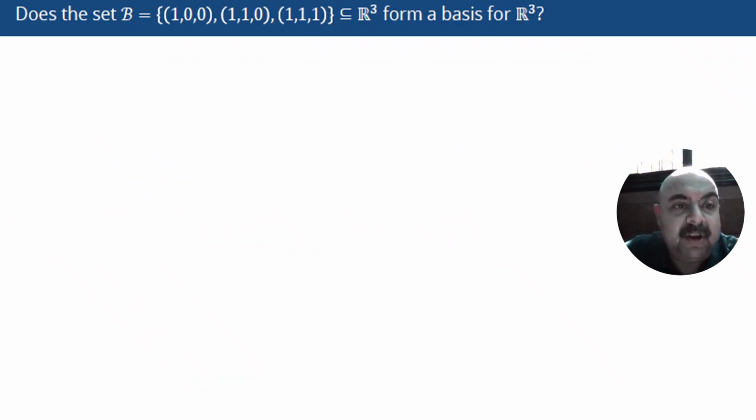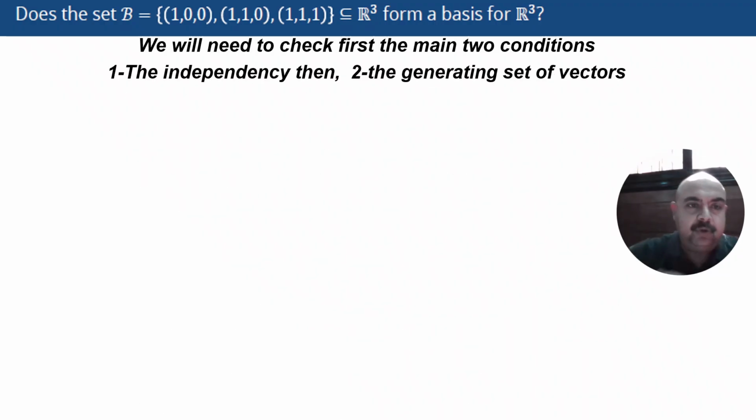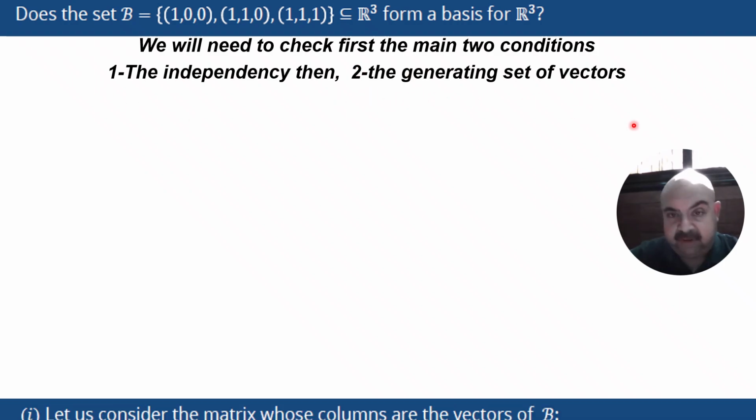In a similar manner, let's do the same with this set, but those are vectors in R3. I want to check if they form a basis for R3 or not. We need to check the two main conditions, the independence, then the generating set of vectors.